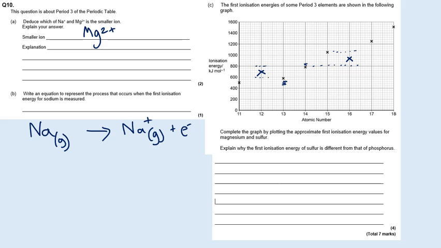So I'm saying that the first ionization energy of sulfur is less than the first ionization energy of phosphorus, and that's because due to electron pair repulsion, the electron being removed is paired in a p subshell and undergoes electron pair repulsion, which means less energy is needed than expected to remove that electron.